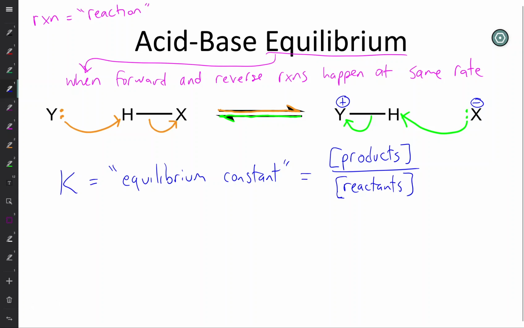Those of you who take AP chemistry might know a little more detail about this, but it doesn't really matter. For us, conceptually, we can just think of it as the ratio of products over reactants.